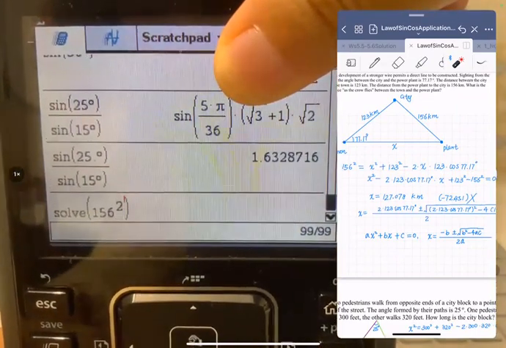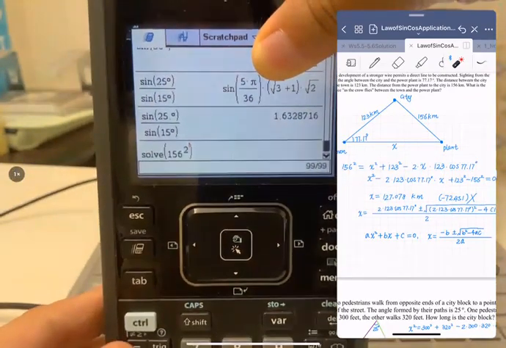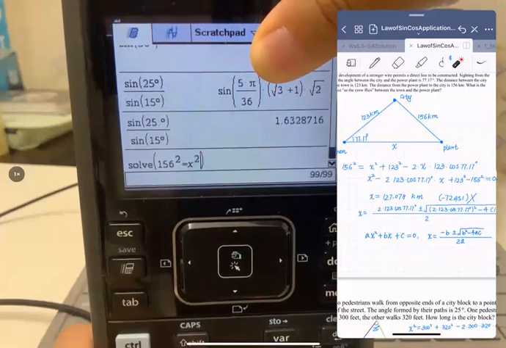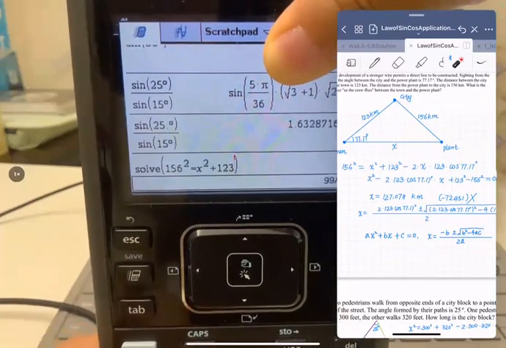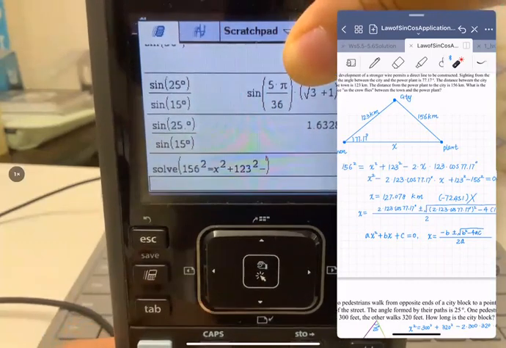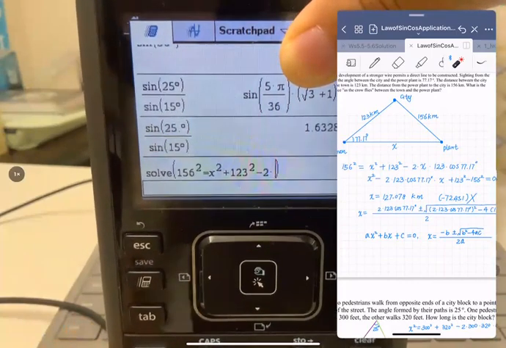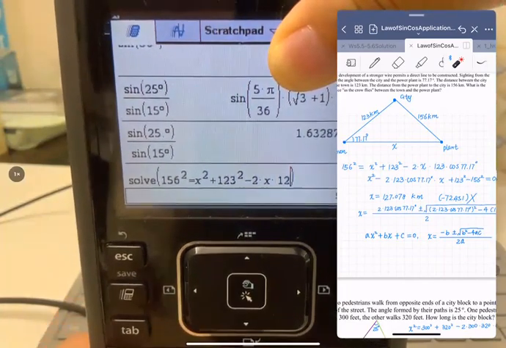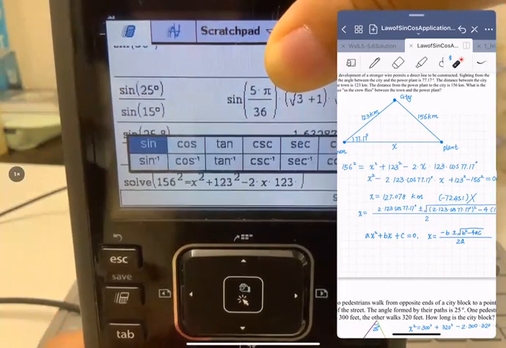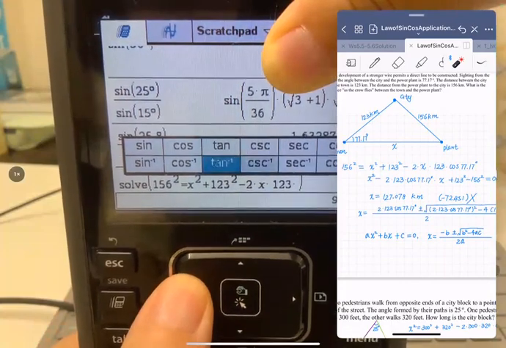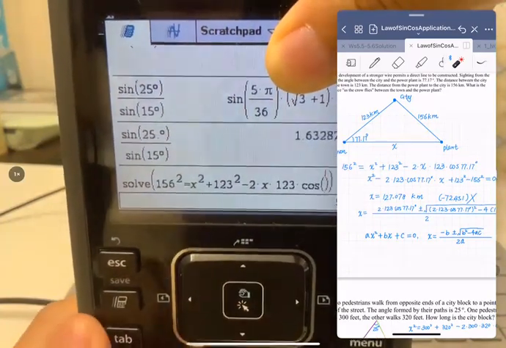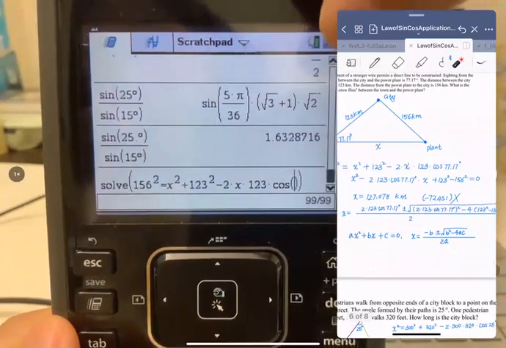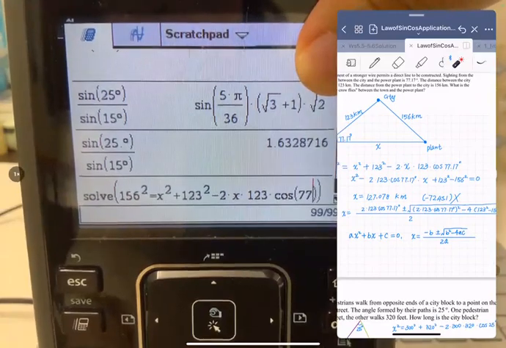So you type in 156 squared equals x squared plus 123 squared minus 2 times x times 123 times cosine of 77.17.